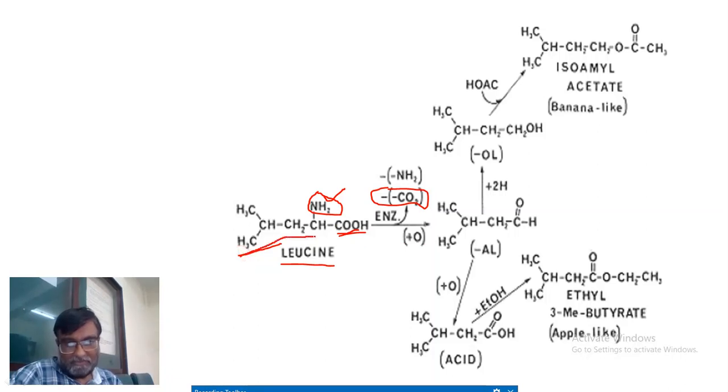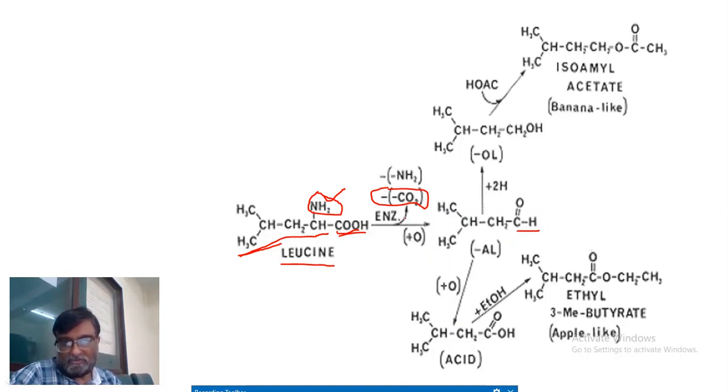This will be the component we have, along with the C. Without the carbon dioxide and NH2, we will have an aldehyde group, C double bond OH, CH2, and this branch of the leucine. So it's an aldehyde type of substance.